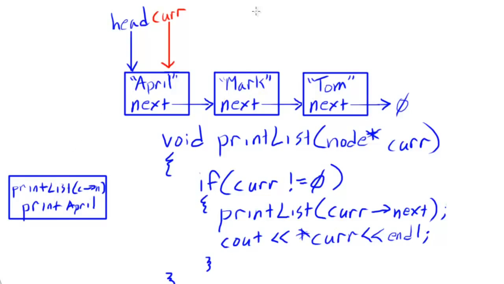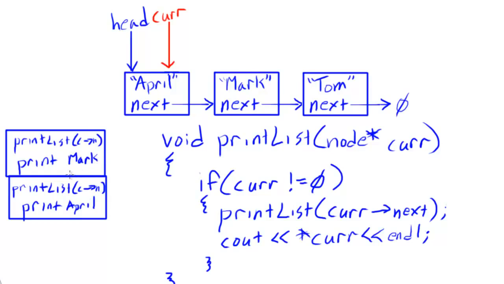So we get another stack frame. The first thing we do is this recursive call, the print list call. So that would make another stack frame pushed onto our call stack. And it would have another recursive call where we do a print list of cur's next. And then the second statement we do is just a print of Mark. But again, Mark cannot be printed out until we're coming back, until we're unwinding.